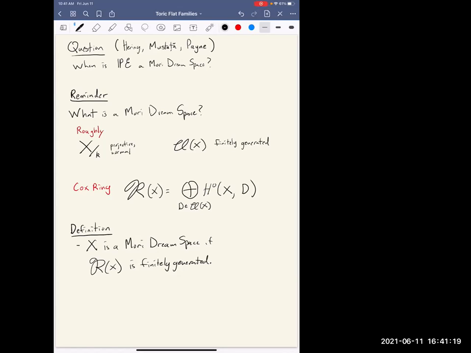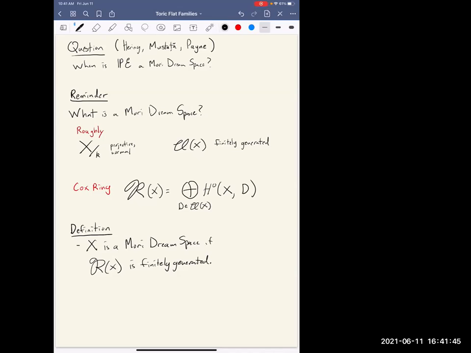And it's a natural question to ask, when do these things behave well geometrically? And so with that in mind, Hering, Mustață, and Payne asked, when is one of these projectivized toric vector bundles a Mori dream space? As a reminder, roughly speaking, a Mori dream space is a variety whose total coordinate ring or Cox ring is finitely generated.